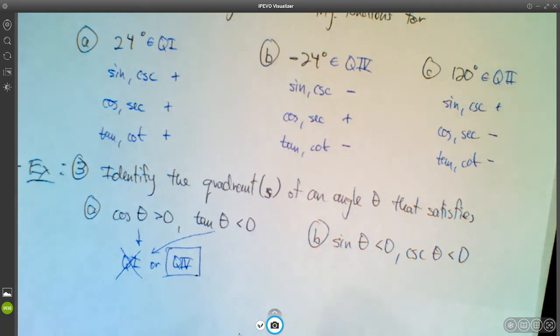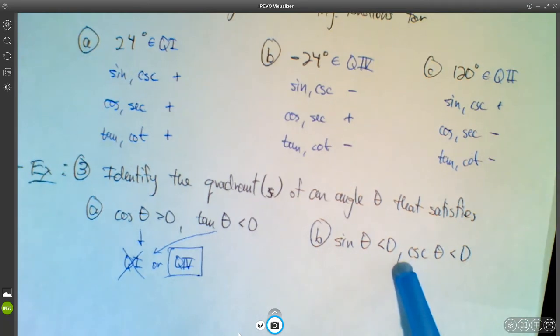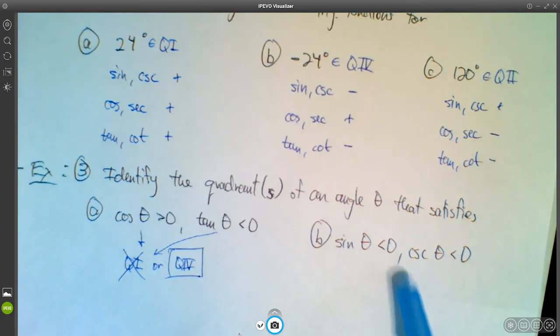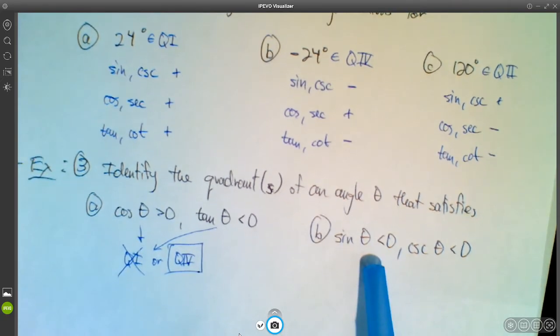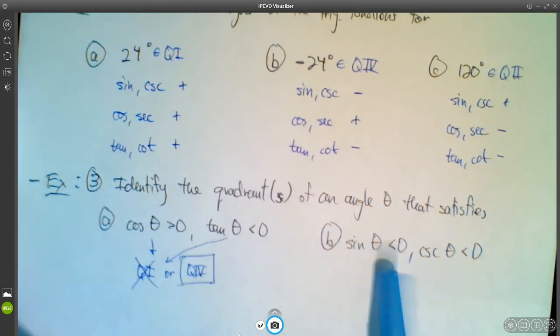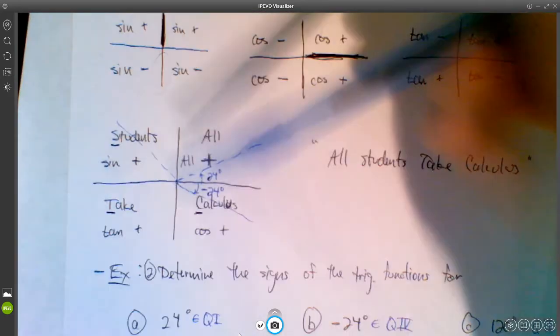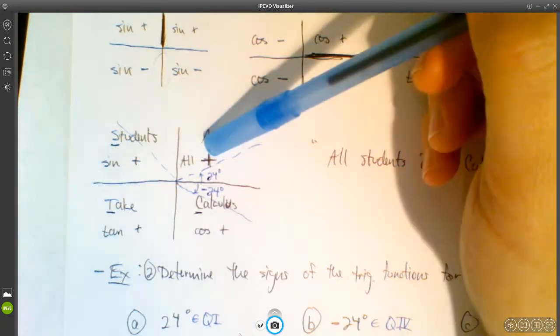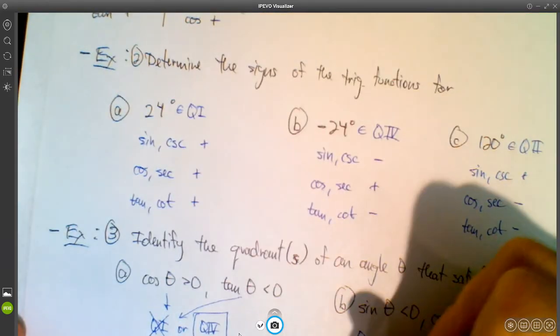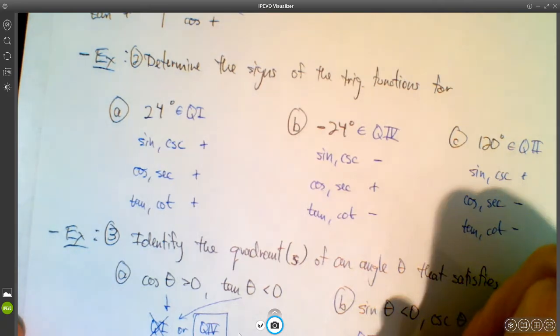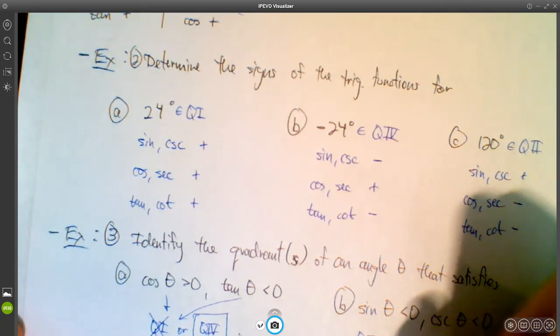Okay, so here I think we have a couple different solutions. If we're looking at sine theta needs to be negative. Well, sine is positive in quadrants 1 and 2, so it's negative in quadrants 3 and 4. So this condition here tells us that we're either in quadrant 3 or quadrant 4.